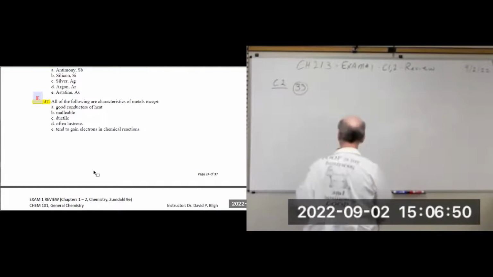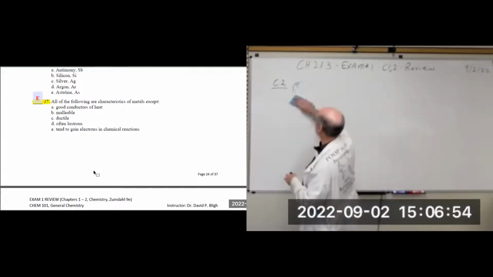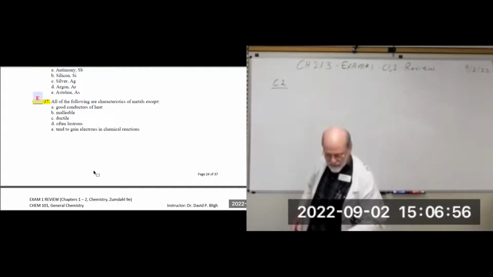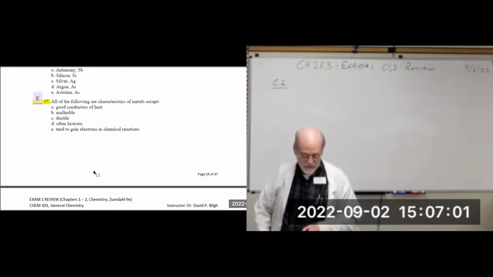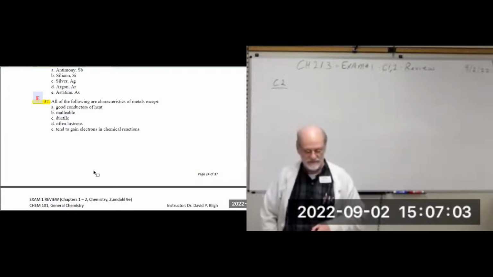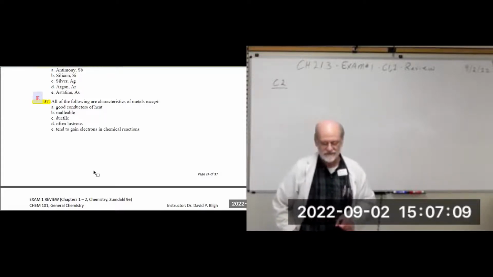37. All of the following are characteristics of metal except what? So are metals good conductors of heat? Oh yeah. How about malleable? Can you bend them? Can you shape them? Yep. Are they ductile?